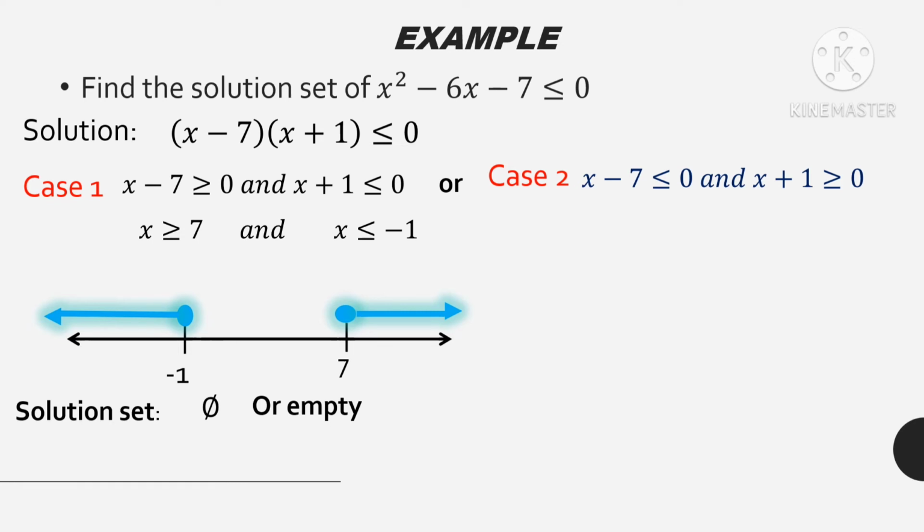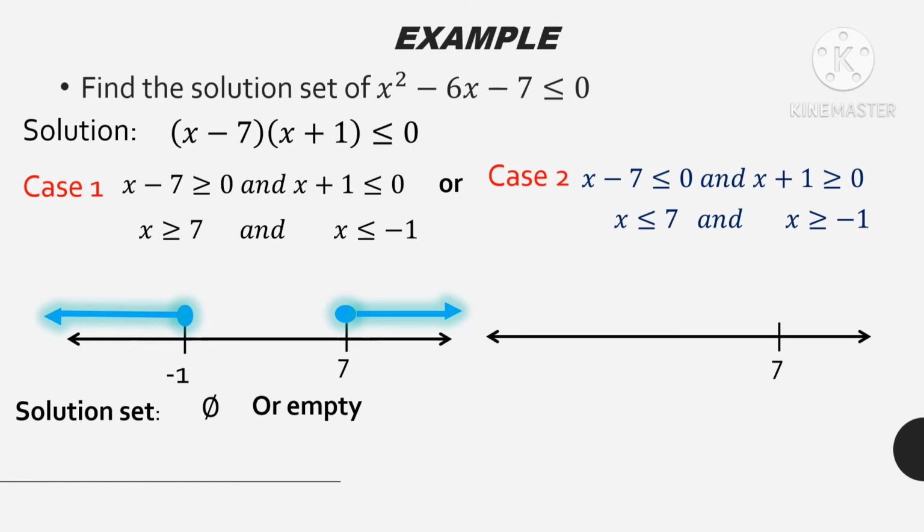So let's proceed to case number 2 to see if they have intersection or if there are solutions. Okay. So solve the inequalities. X is less than or equal to 7 and x is greater than or equal to -1. So to graph, first we have to locate 7 again. So we have 7.